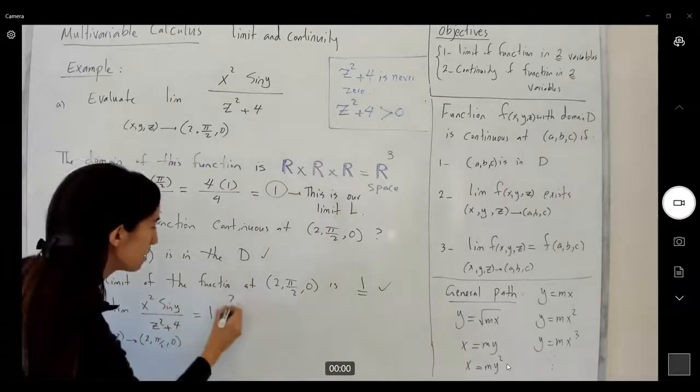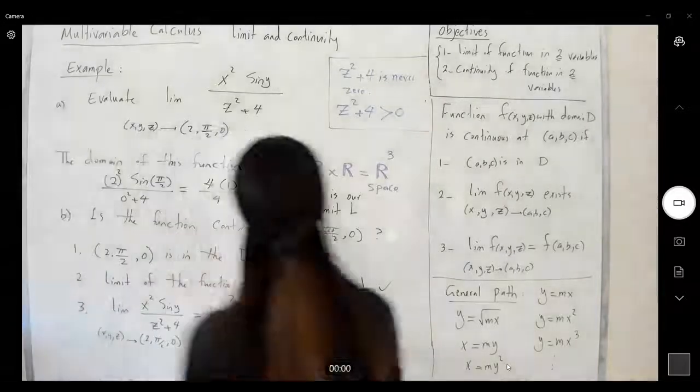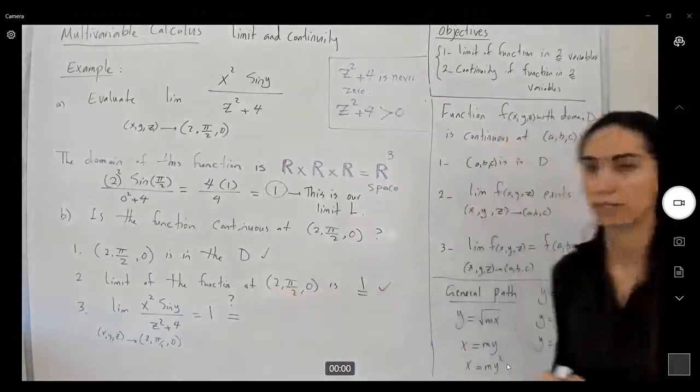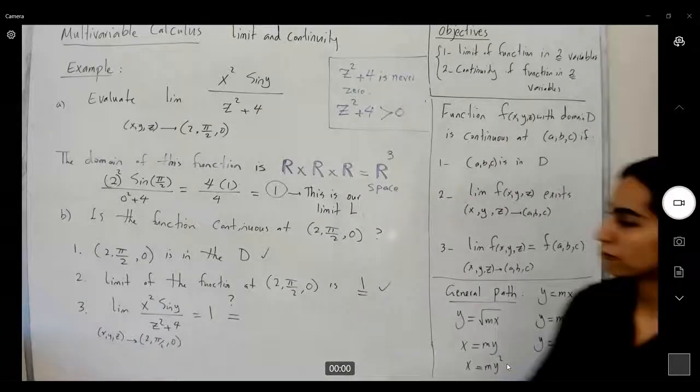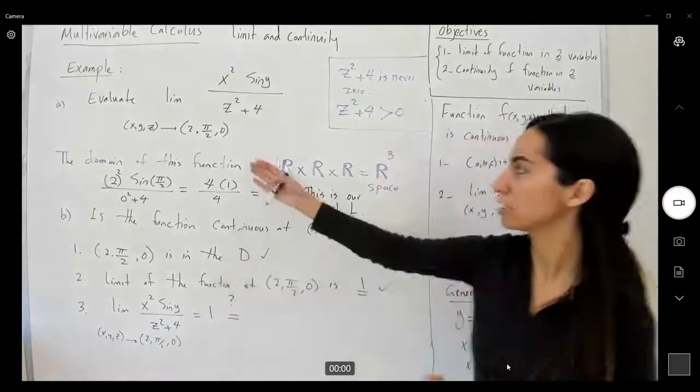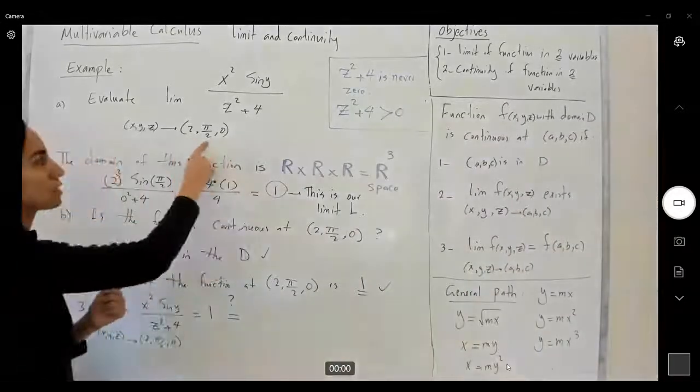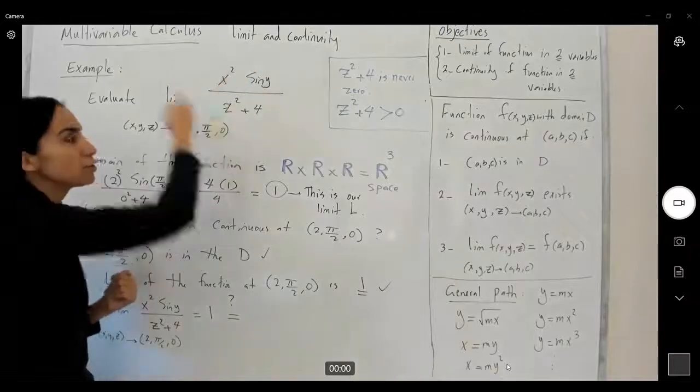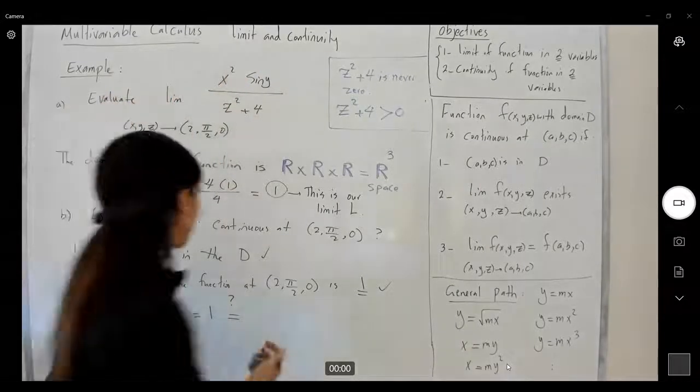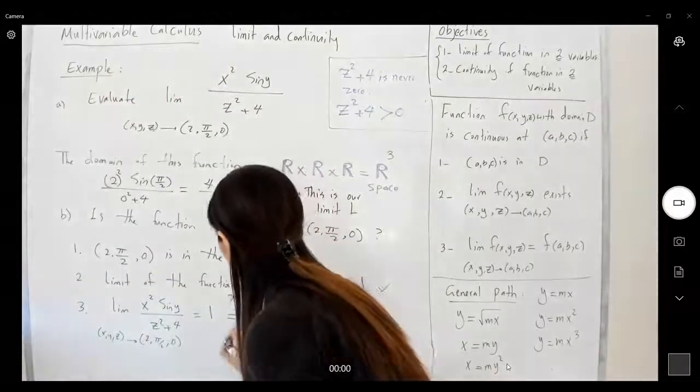Is this equal to the value of the function at 2, pi over 2, and 0? Of course, we found the limit by substituting these numbers into the function for x, y, and z. This is equal to 1.